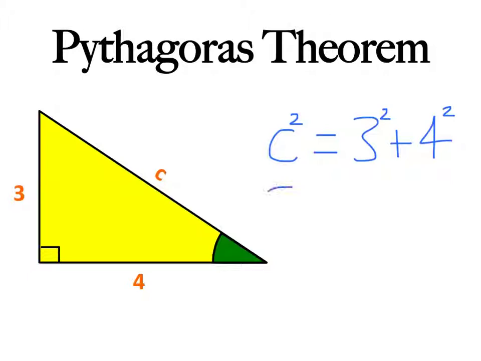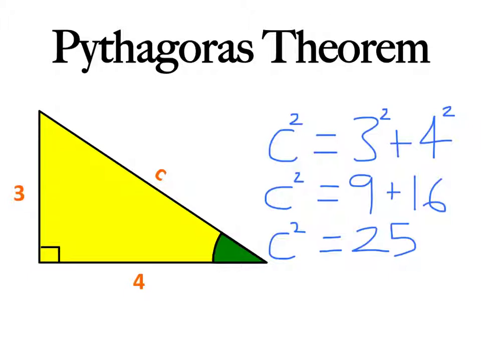Now, I know that 3 squared is 9 and 4 squared is 16. So the square that's currently coming off this side, or the square that's coming off here, is going to be 25 centimeters, okay? So the square coming off my hypotenuse currently is 25 centimeters squared, okay?